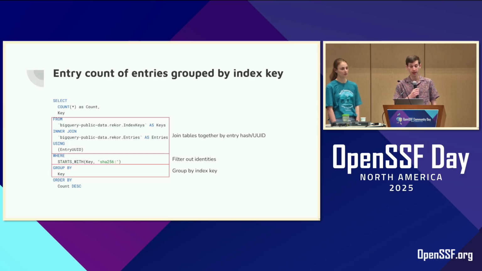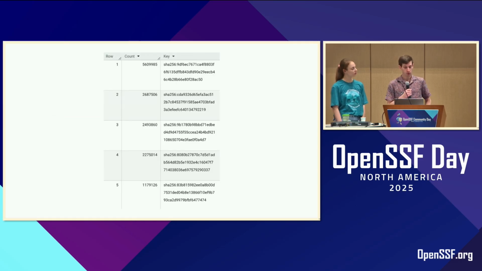So we'll join two tables together. Index keys provides a digest of either an artifact hash, a public key, or the contents of an attestation, and entries provides the Rekor entries. We'll filter out identities like workload identities or emails, and then we'll group by index keys. So we can see here from this chart an instance of an index key referenced in over 5 million entries. So keep this in mind, and we'll come back to this index key in a moment to try to figure out what this digest is referring to.